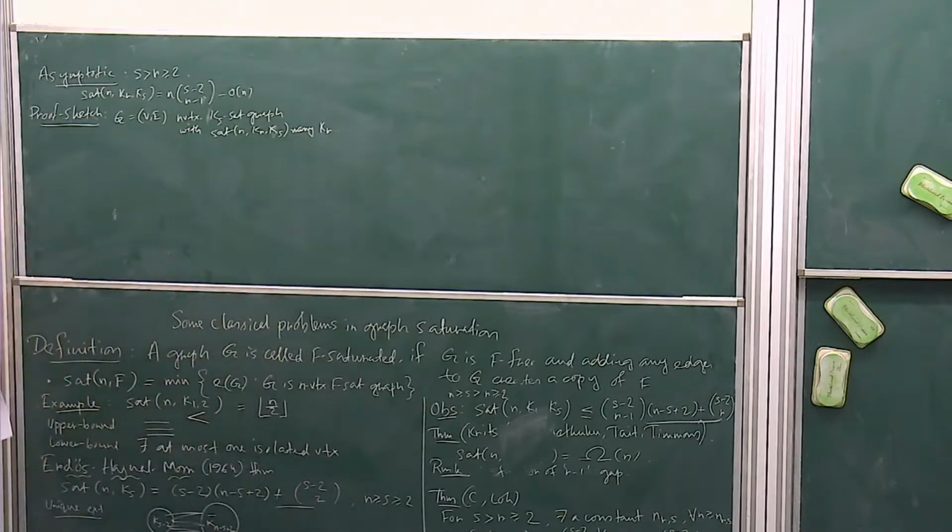Like this is some graph which has the lowest possible number of K_r's.